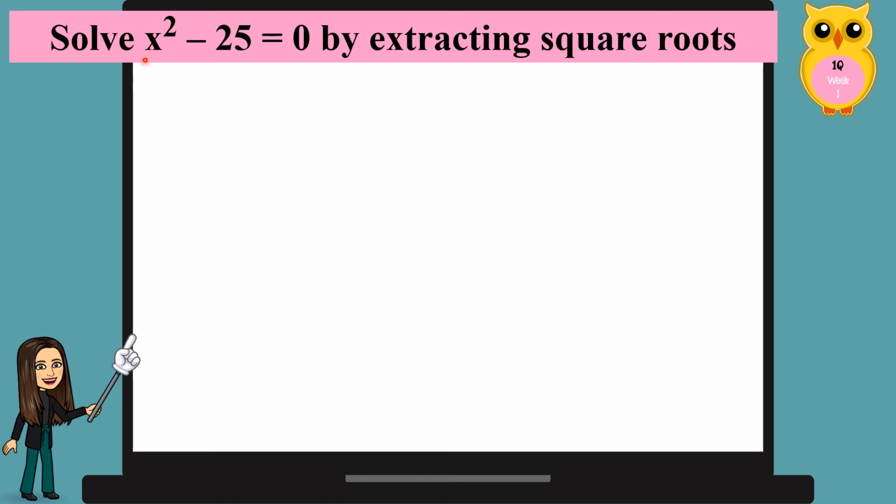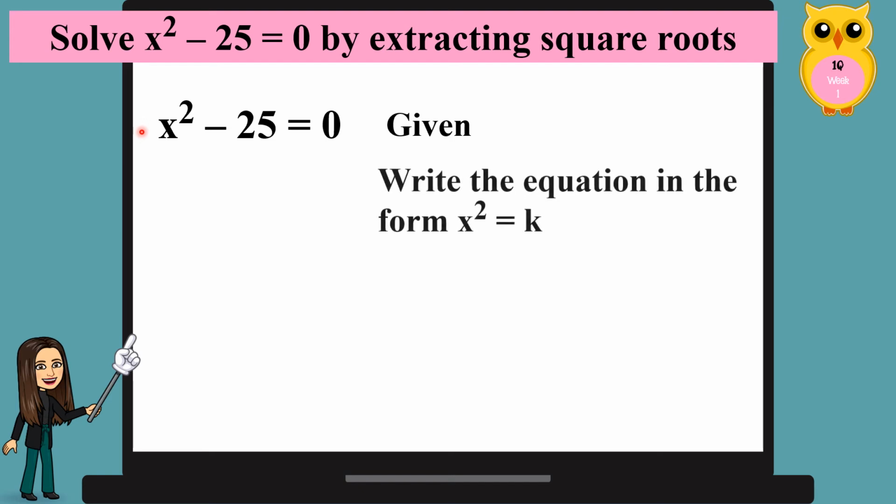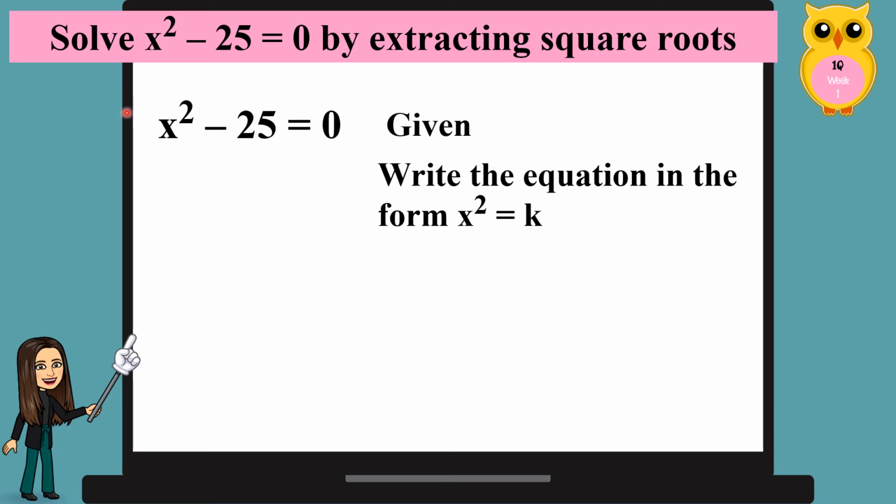Next, we have here x squared minus 25 is equal to 0. So again, we are to solve the given quadratic equation by extracting its square root. Rewriting the given quadratic equation into this form. Since hindi pa po siya nakasulat into this form, we are to rewrite. So si negative 25, ililipat po natin siya sa kabilang side ng ating equation.